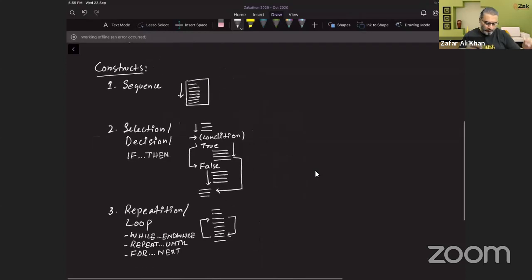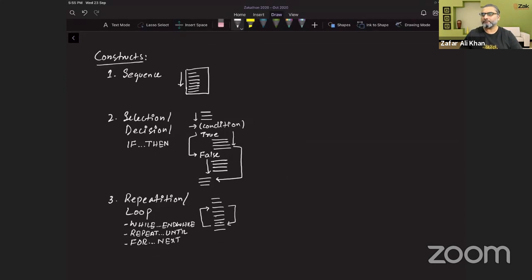So what are programming constructs? These are the building blocks. These are the three basic building blocks to consider.